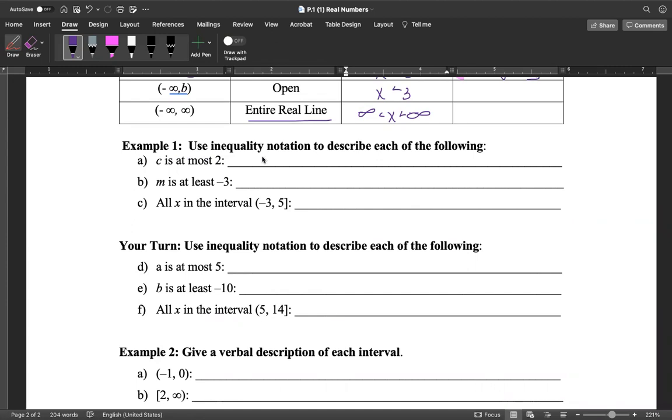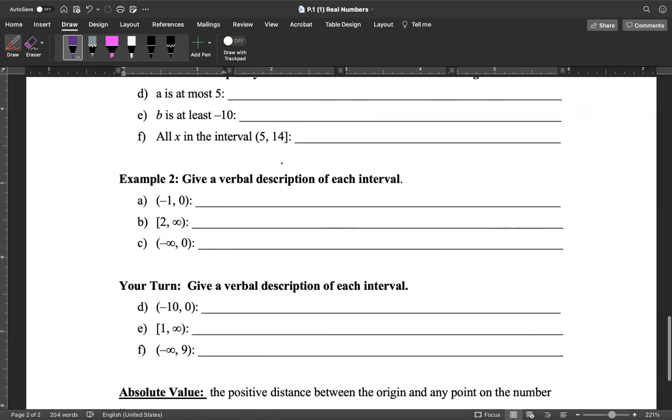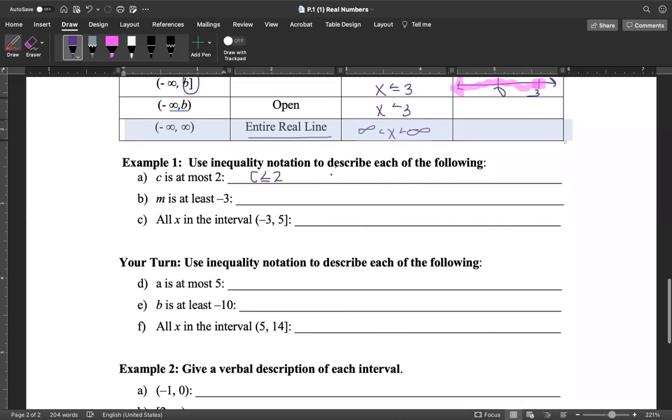So that means C has to be less than, it says at most 2, which means it can also be equal to. So C is less than or equal to 2. We are going to write both inequality and off to the side, I'm going to write interval notation because I know your practice work asks for both.